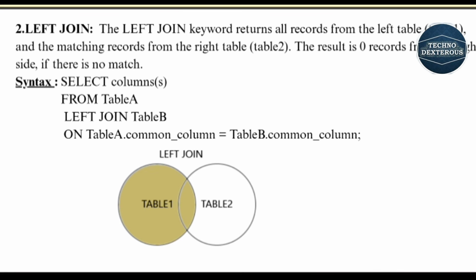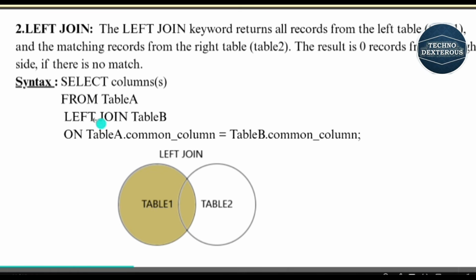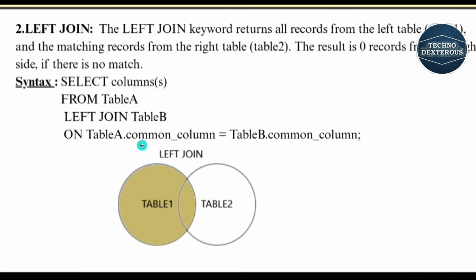It is best when you want all data from the left table even if it has no match. The syntax of the left join is: select column from table A left join table B on table A common column equal to table B common column.